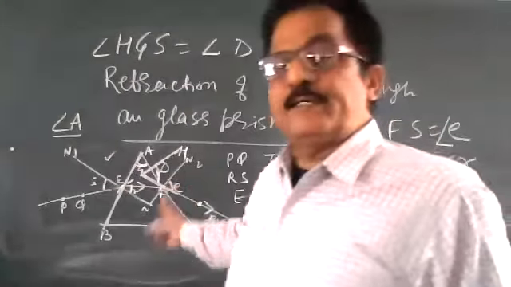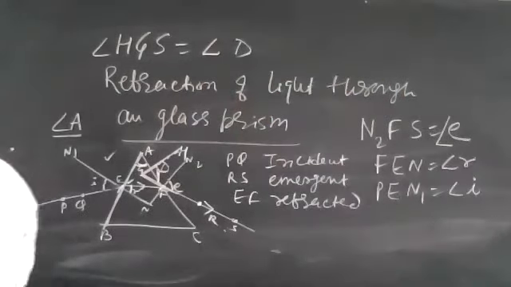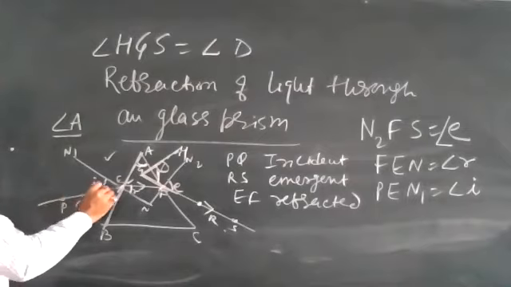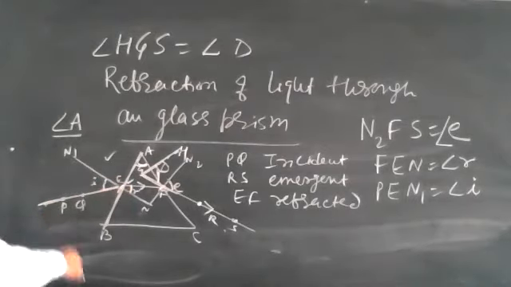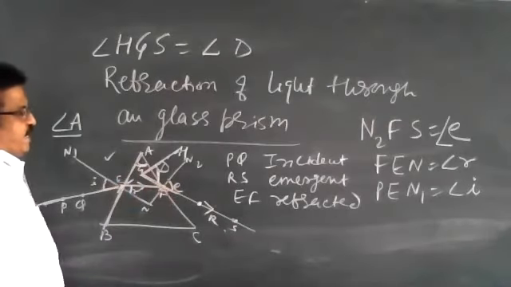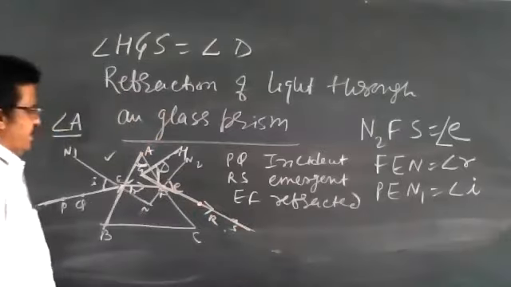See that, so here dear children, again I am repeating, this is the incident ray. Look at the board. This is incident ray PQ. EF is the refracted ray. RS is the emergent ray.